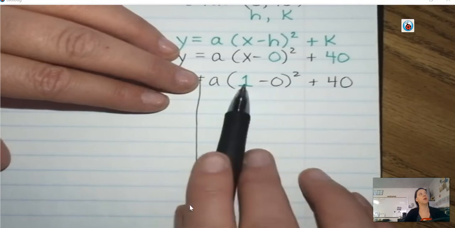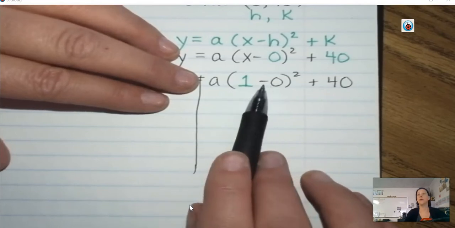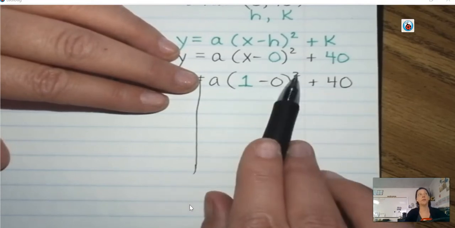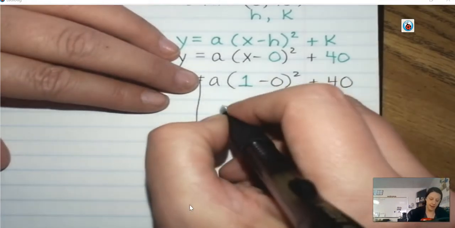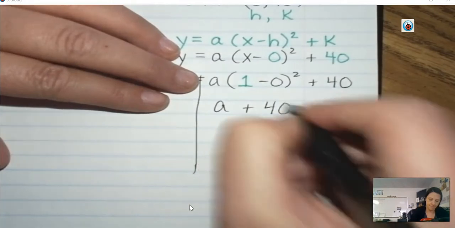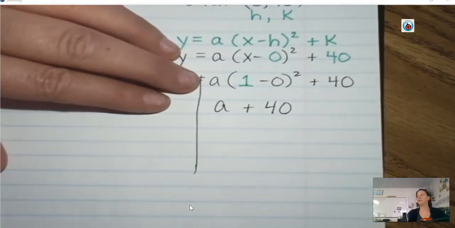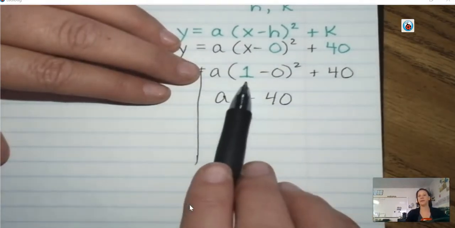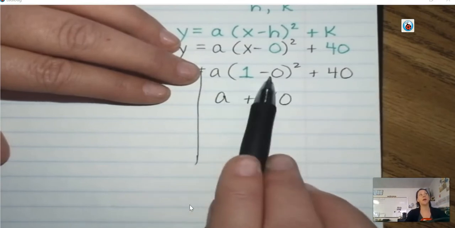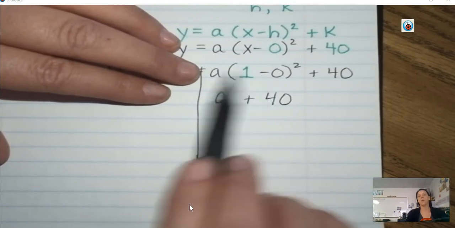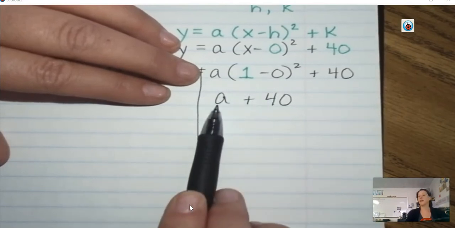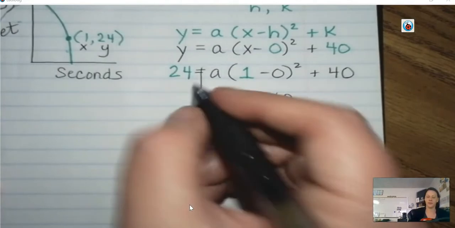This is 1 take away 0 is 1. 1 squared, 1 times 1 is 1, and then 1 times a is just a. Okay, I just did that whole step in my head, but does everyone see where I got it? 1 take away 0 is 1, and then 1 squared, 1 times 1 is 1. 1 times a is just a. I just didn't write down all those steps.